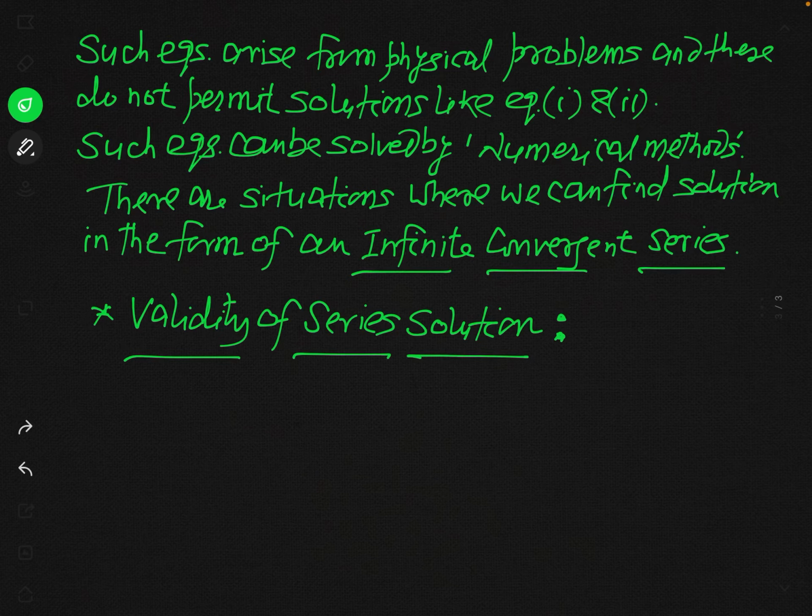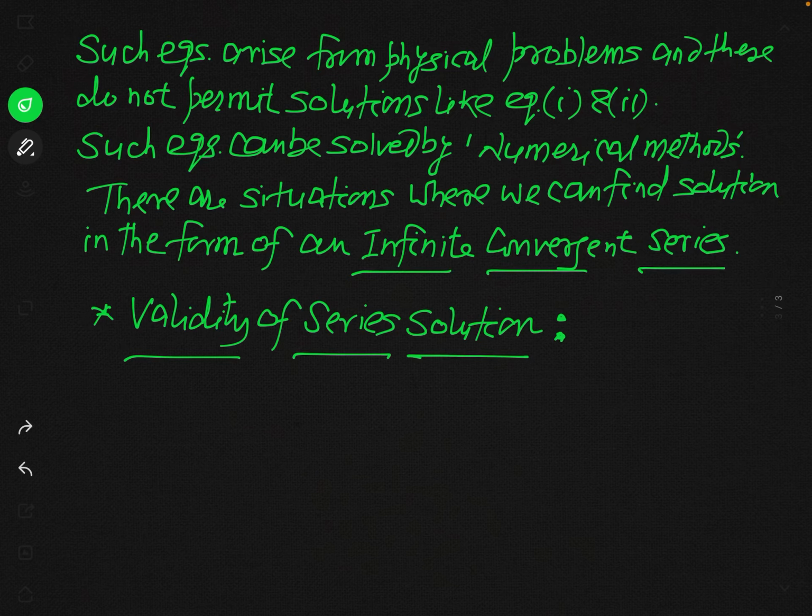Then you will find that these types of equations are involved, and their solution can be done by numerical methods. But apart from the numerical method, we can also solve these equations analytically.